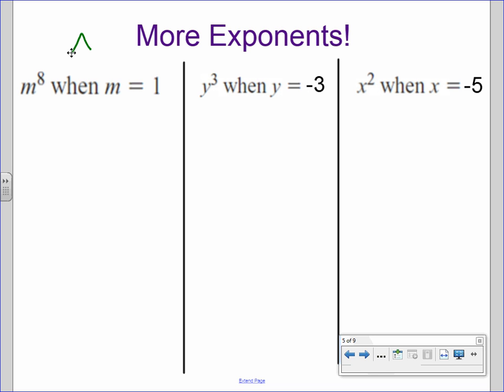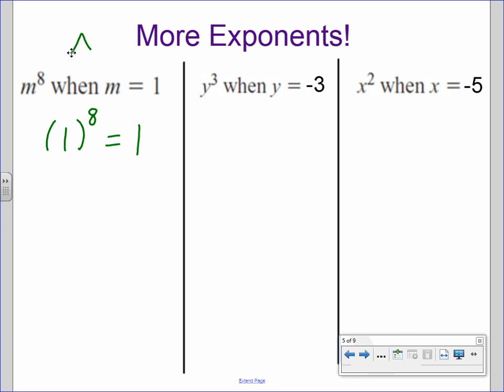If I want to evaluate m to the 8th when m equals 1, I would just put in parentheses where my m is 1, and then in your calculator, you can type in 1 to the 8th power. The answer is, if I multiply 8 1's together, 1. Right? 1 times 1 times 1 times 1 times 1. Okay?